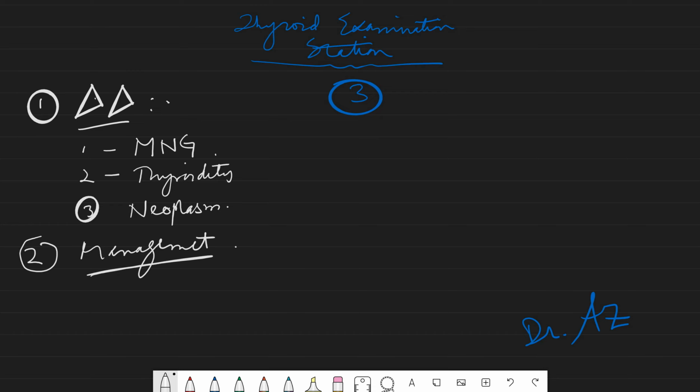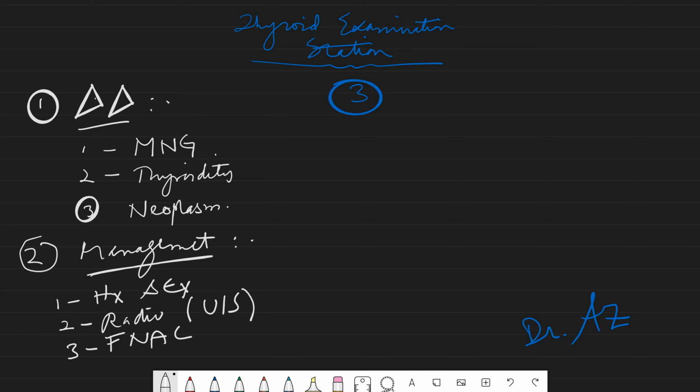Number two, you are going to do some radiological studies, and in this case you are going to do an ultrasound scan. And thirdly, you are going to do tissue study.